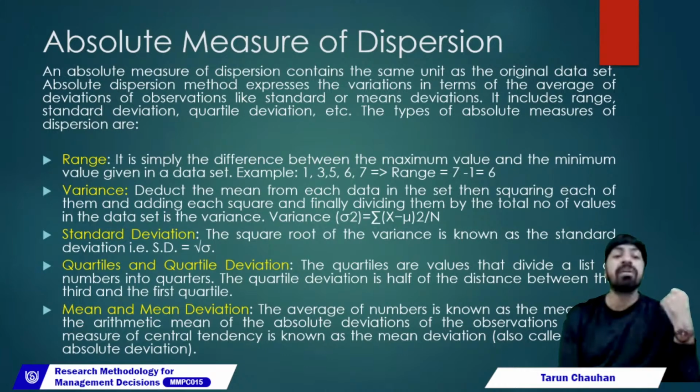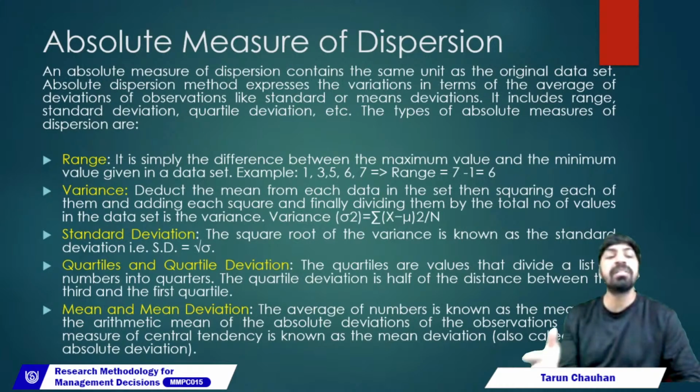When we talk about the quartiles and quartile deviation, the quartiles are the values that divide a list of numbers into quarters, and the quartile deviation is half of the distance between the third and first quartile. It means the quartile deviation is the difference between the third and first quartile divided by 2.